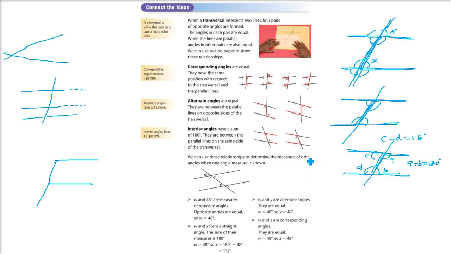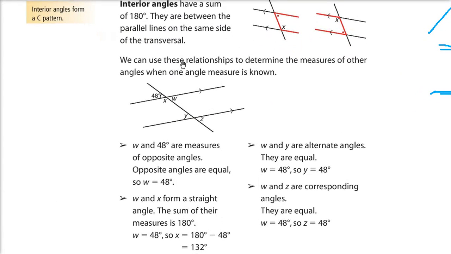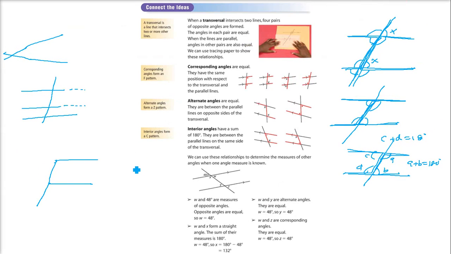Now we can use this relationship to measure other angles if some of the angles are given. I'll take an example. This is the example that we have, 48 degrees here. So first of all, we know that when two lines cross like this, these are called vertically opposite angles. So if this is 48 degrees, this W will also be 48 degrees.